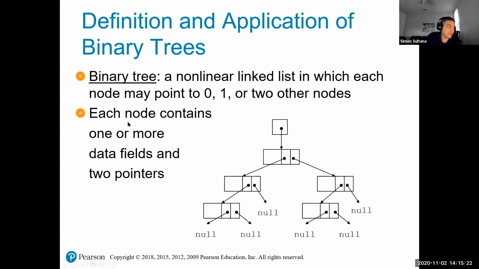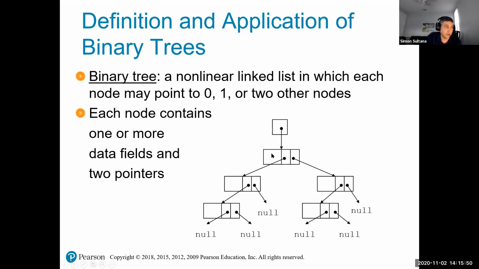Basically each of these is going to have a node, all right? And they can point to 0 nodes, 1 node, or 2 nodes. Before, when we saw a linked list, it was kind of a chain scenario. Here we can go in 2 different directions.